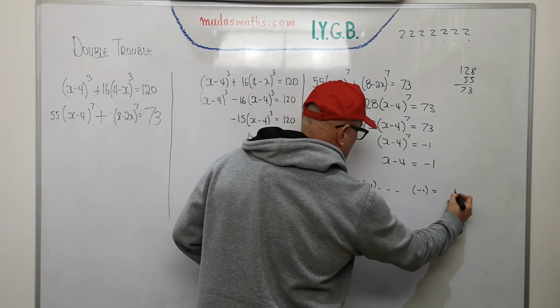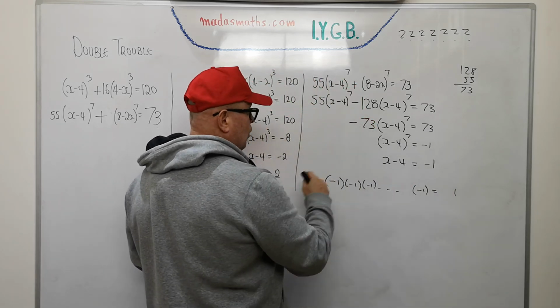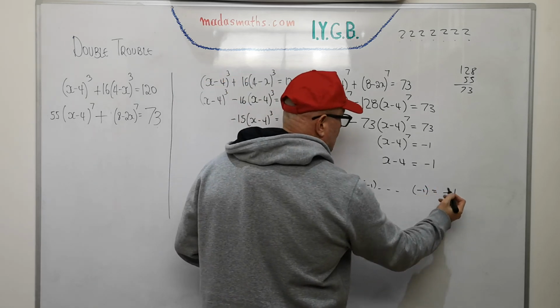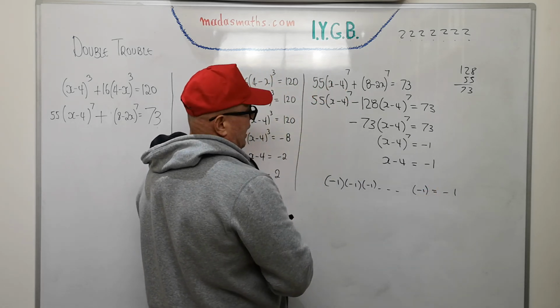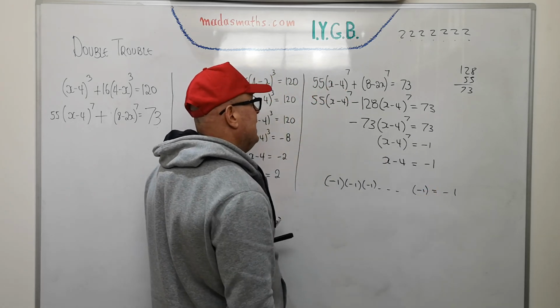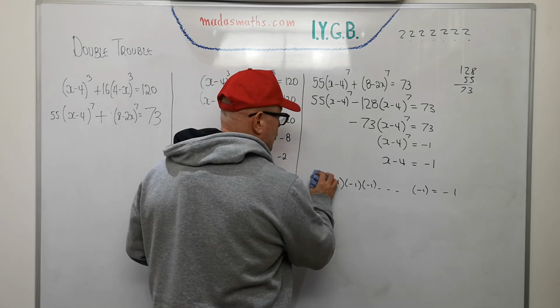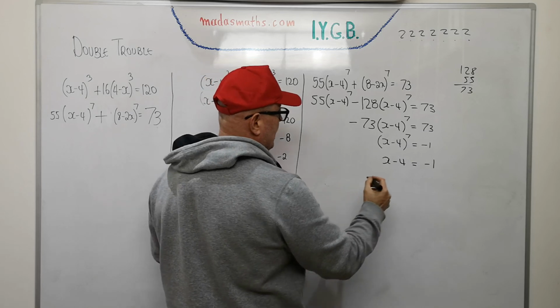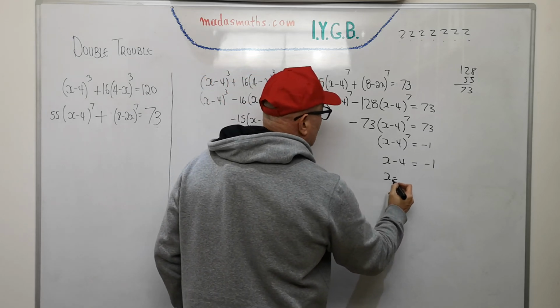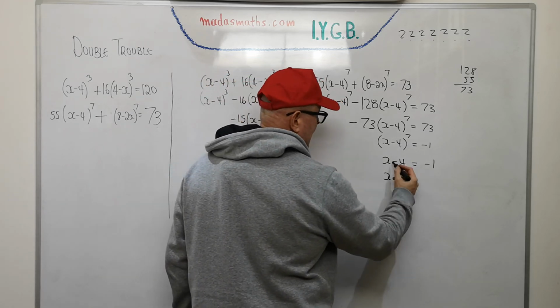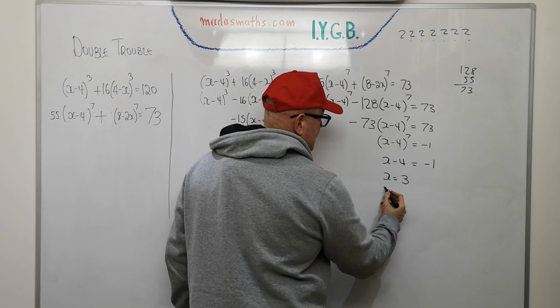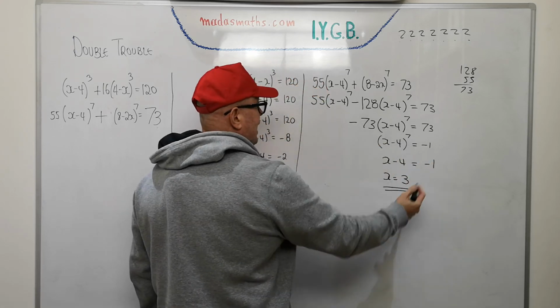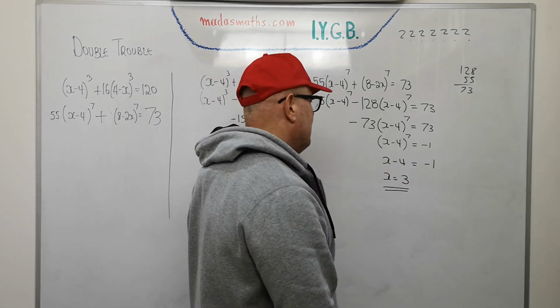Of course, it'll give you 1 numerically, but because we've got an odd number, it returns you minus 1. So x minus 4, I'm getting rid of the seventh root, essentially from this line to this line, is equal to minus 1, and therefore there is only one real solution again for this equation, and the answer is of course 3, because I just add the 4 to the other side.